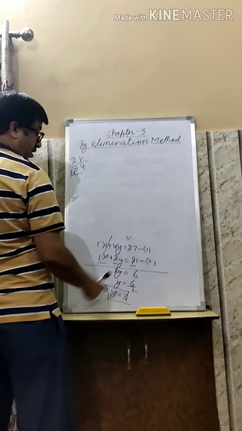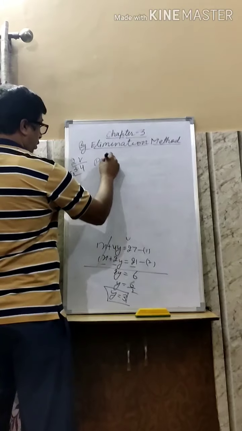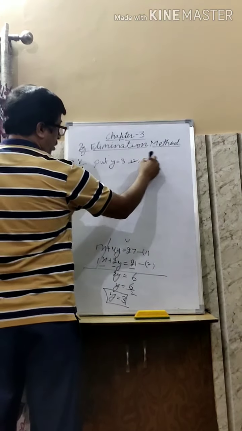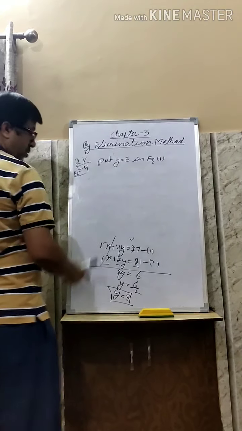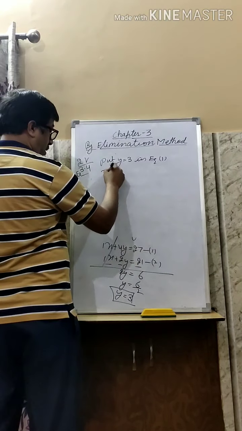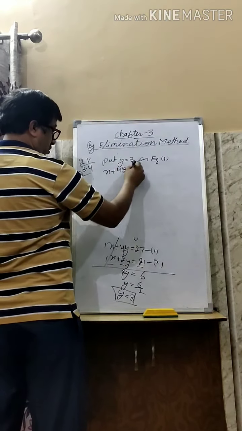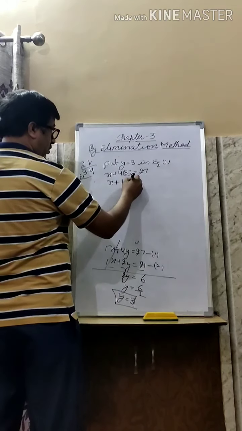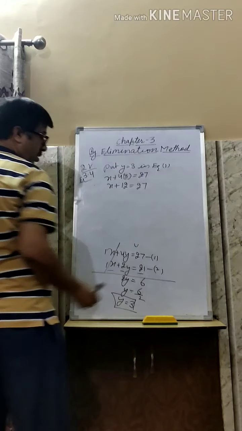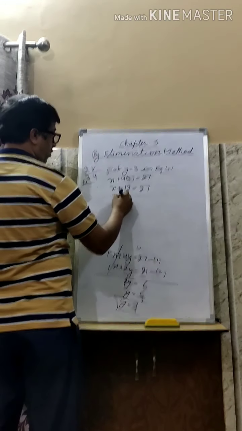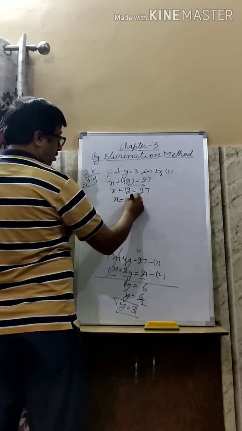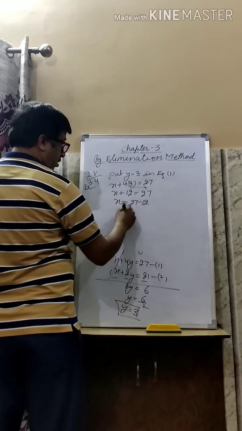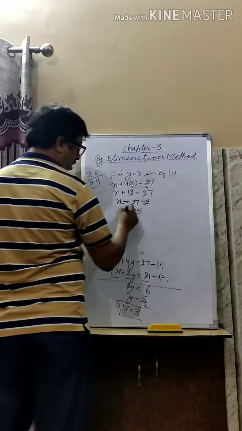So if I take, put y is equal to 3 in equation first. So x plus 4y, 4 3s are 12, is 27. So x is equal to, shift this, 27 minus 12, x is equal to 15.